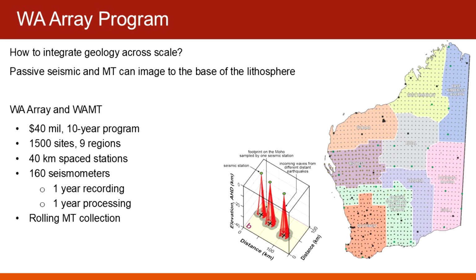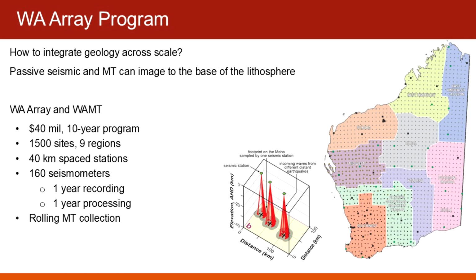It has to be that kind of timescale to collect enough passive earthquake data, and from different directions as well. We pick them up and then we roll them into the next area. If you do that, there are basically 9 areas across the state, 9 phases, if you like.